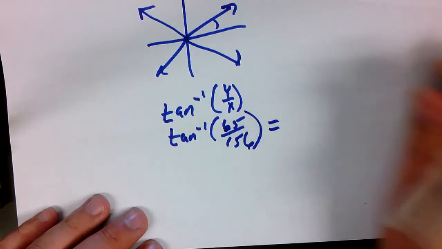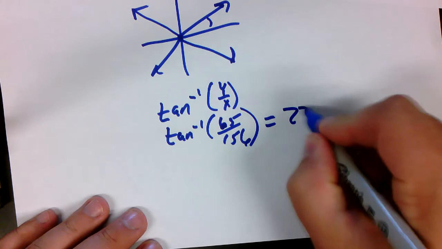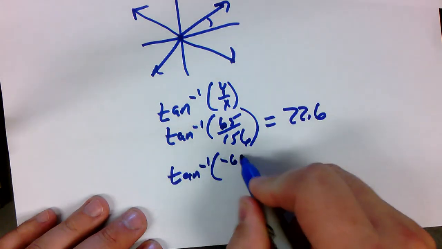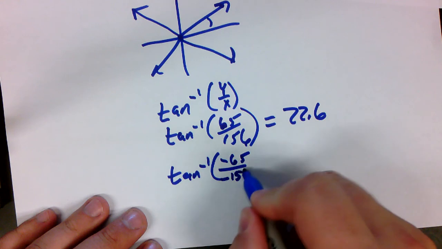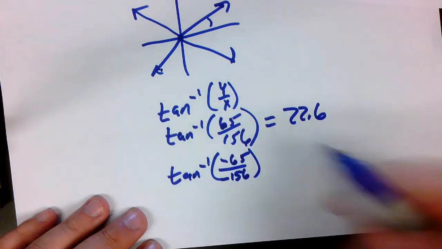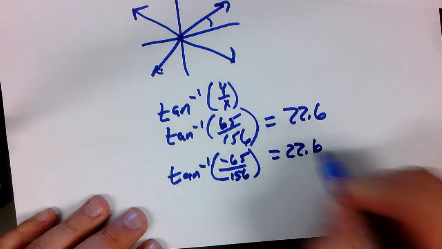We get, again, 22.6. But when we take the tangent inverse of negative 65 over negative 156, that would be this vector down here, negative, negative, third quadrant, we also get 22.6.